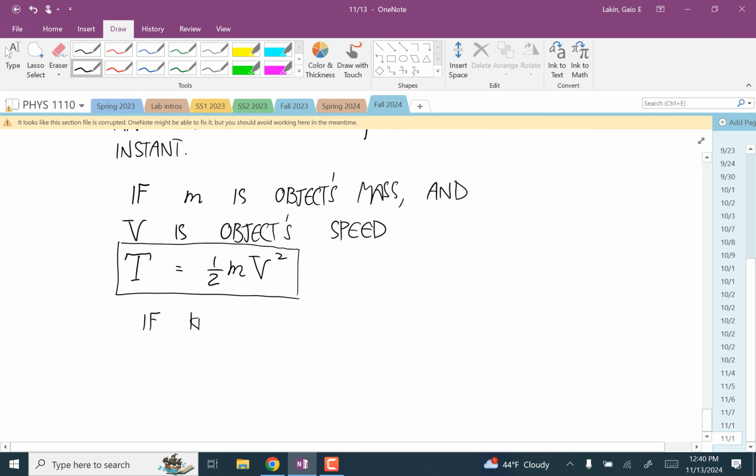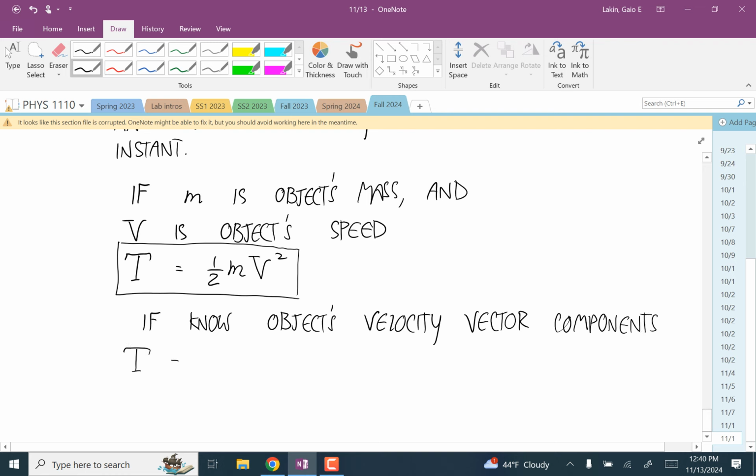So if you know the object's velocity vector components, you can also calculate the kinetic energy as 1/2 times the mass times the quantity x component squared plus y component squared.